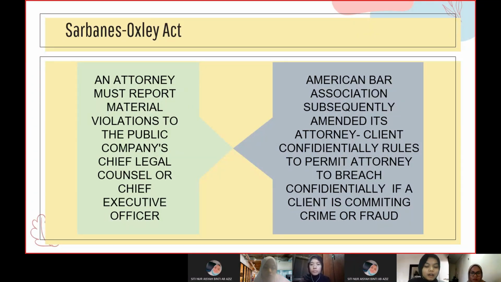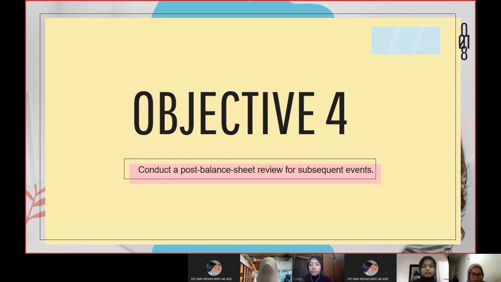And the American Bar Association subsequently amended its attorney-client confidentiality rules to permit attorneys to breach confidentiality if a client is committing a crime or fraud. Okay, this is what we have on the Sarbanes-Oxley Act. Okay, next I will pass to the team member.